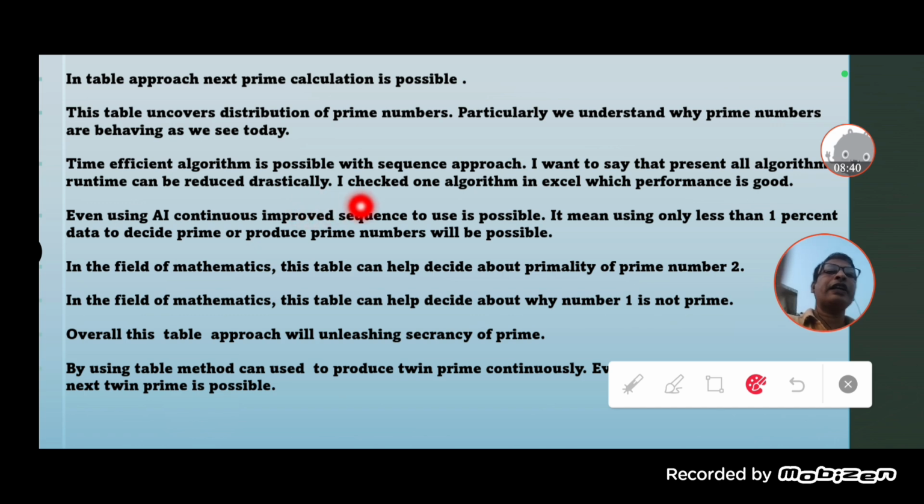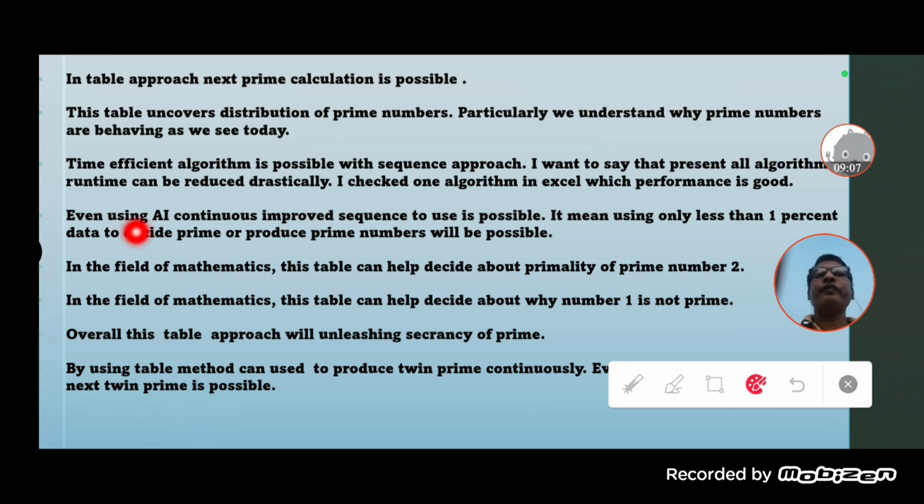On computers, different algorithms are used to find prime numbers, and by using the insight from this table we can develop an algorithm. Actually, I have checked one algorithm in Excel whose performance is good in terms of time and efficiency.